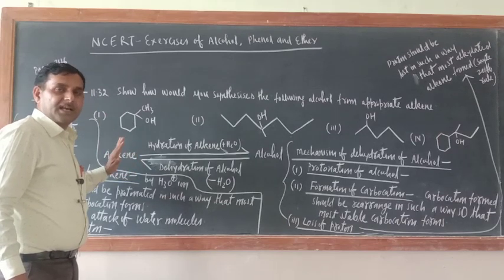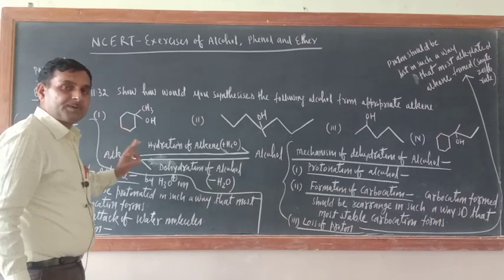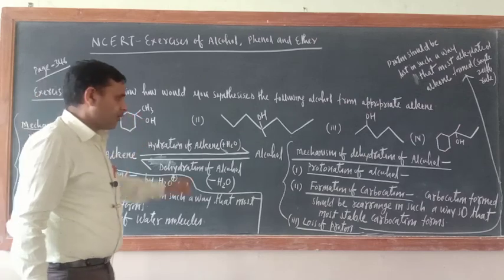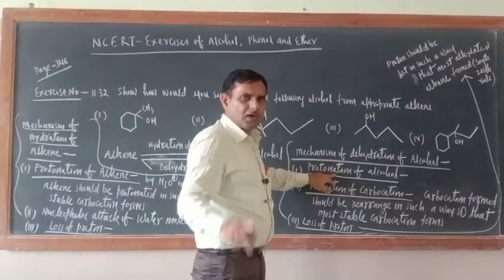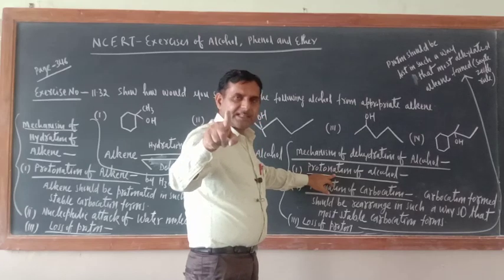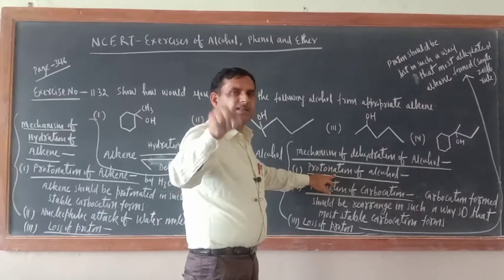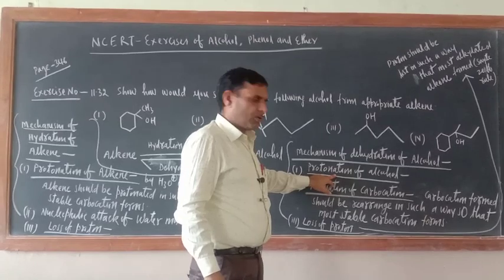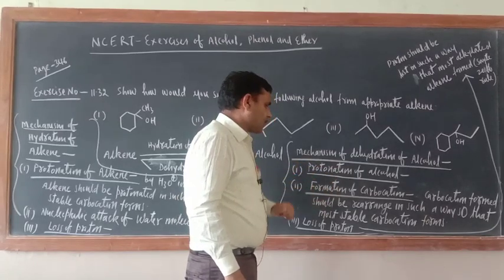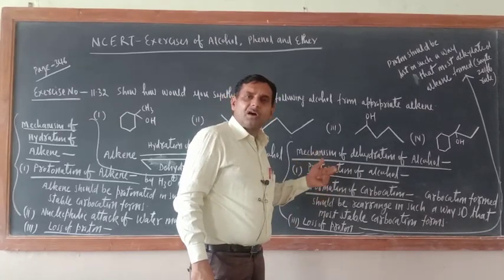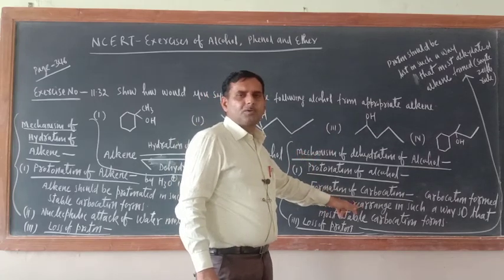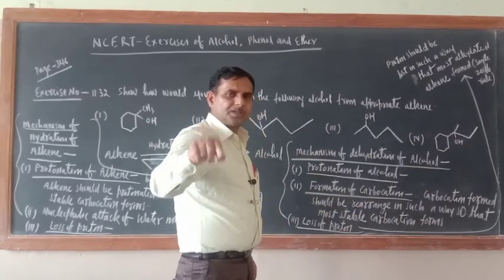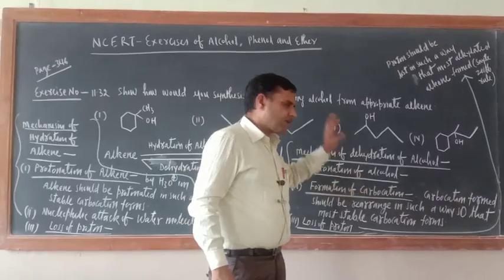Both take place in the presence of dilute acids. Who will protonate? The acid which is catalyzing will protonate the alcohol. When alcohol is protonated, there is a loss of H2O and a carbocation is formed.